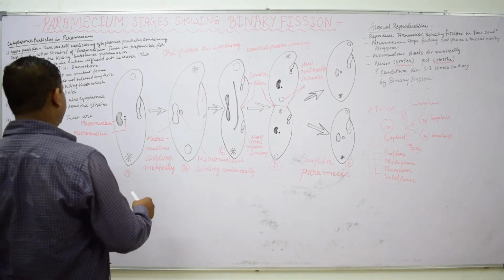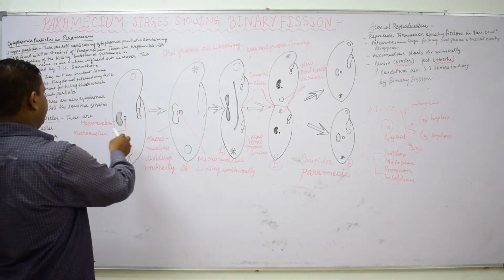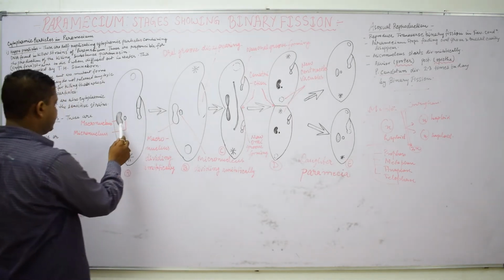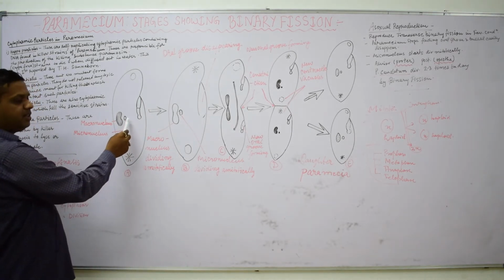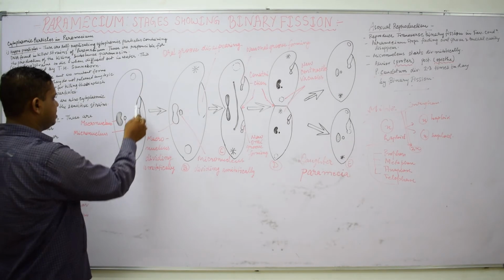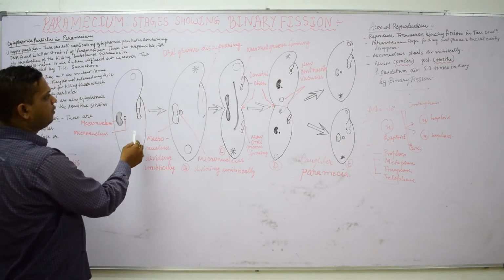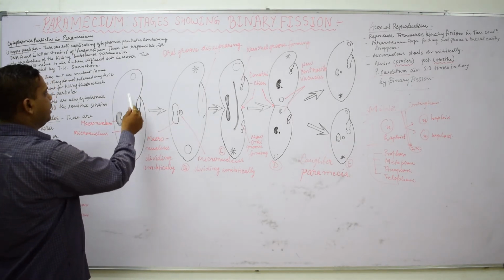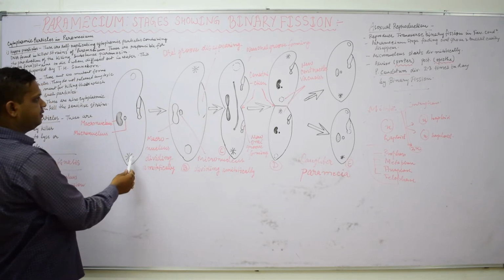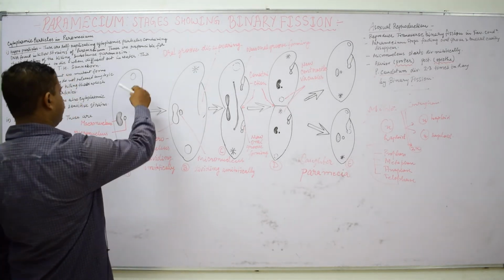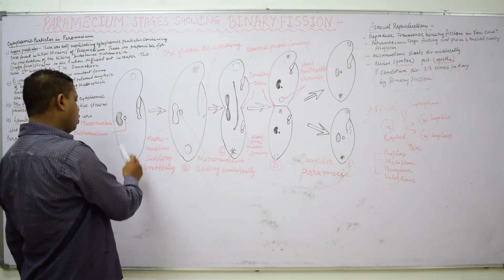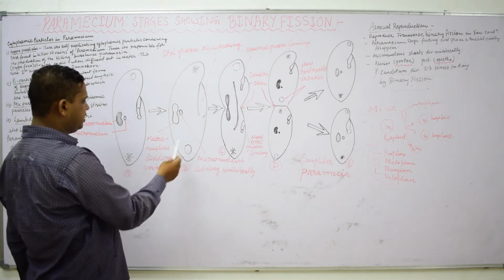Now we will once again understand the macronucleus. This is the macronucleus in diagram A, and this is the micronucleus. Micronucleus is smaller in size. This is the food groove, or we can say oral groove, and these are the different prominent nuclei found at the top. So this is a normal paramecium which is about to divide.